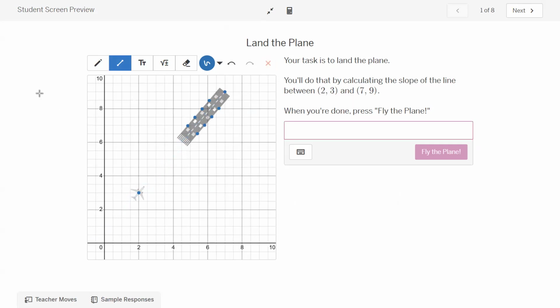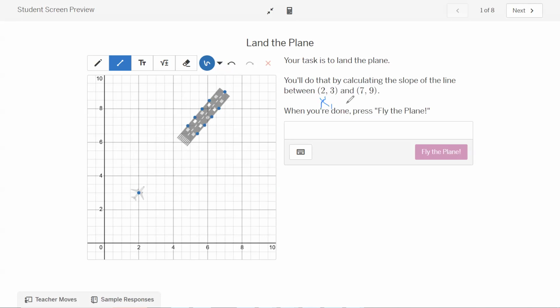So I want to do, oops, I'm trying to figure out the best way to write on here for you guys. Okay, so my 2 is my x1. Don't know the best way to do this. I'm sorry, friends. Give me a sec. Okay, my 2 here is my x1.